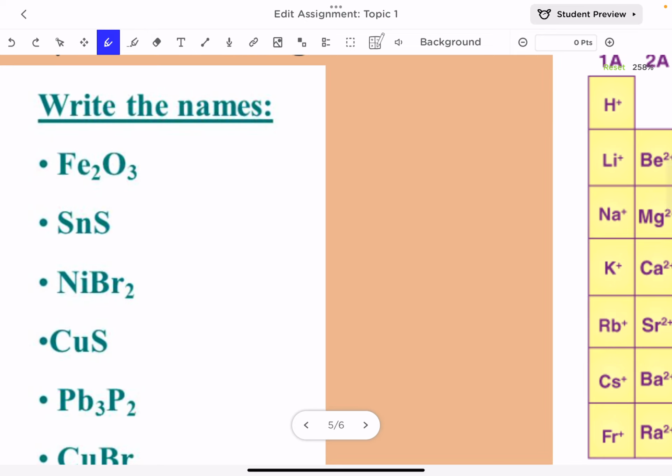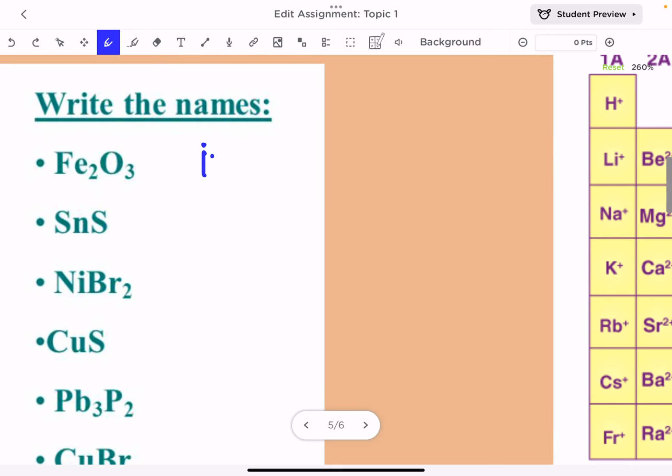So when I'm writing the name, I would write iron oxide. However, next to iron, I need to put a Roman number expressing the charge of the iron. And the charge of the iron would be the subscript written next to the next ion. So here it's written 3, so it is iron 3 oxide.